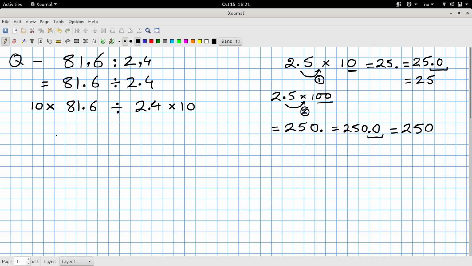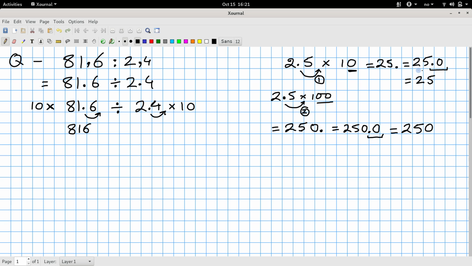So this would eventually result in the decimal moving 1 position to the right, right? This is what's going to happen. So I'm going to write it as 816 because the decimal has moved to the right.